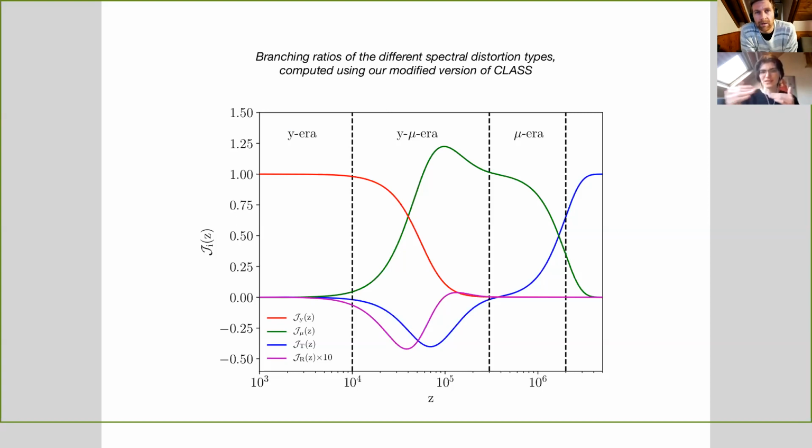So this is how you get some things that are slightly less than 1 and some that are higher than 1. I'm not sure if you can see in the legend here, but the magenta line has been multiplied by 10, because otherwise it would be substantially lower and not really visible on the plots. So the residual is just this background one that you always have there. So the main thing countering the mu distortion is actually the T distortion. Exactly, the temperature shift distortion.